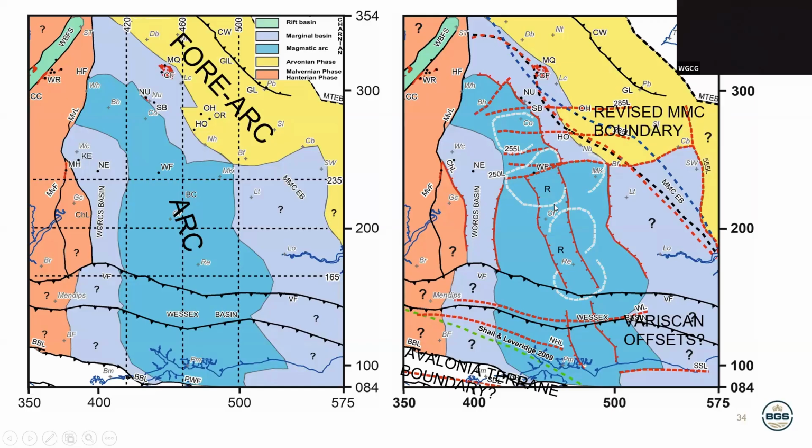They're more primitive than conventional mid-ocean ridge basalts. So that's the core of the arc, but sitting within it are these calderas, which seem to have granites underpinning them. And a further consequence is we had to revise our boundaries of the Midland microcraton to better suit this geophysical model. So that's changed a bit as well.